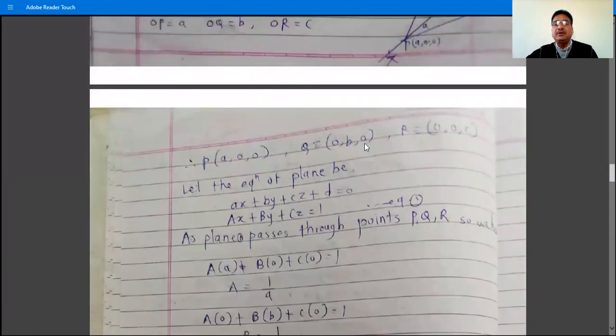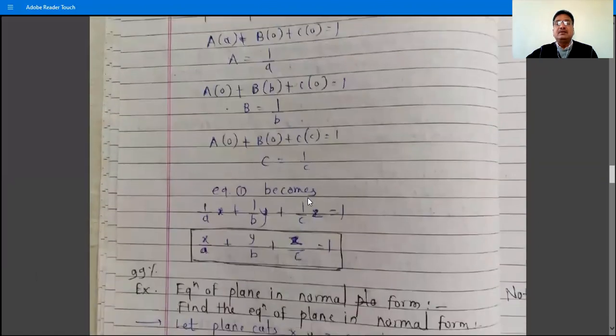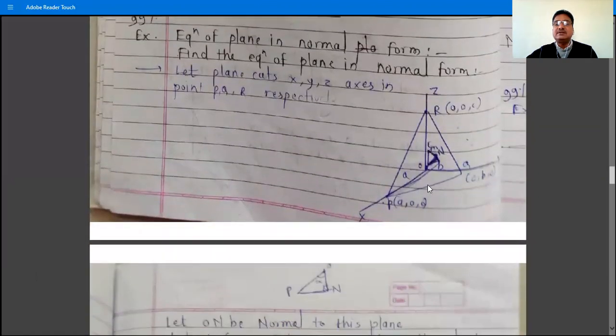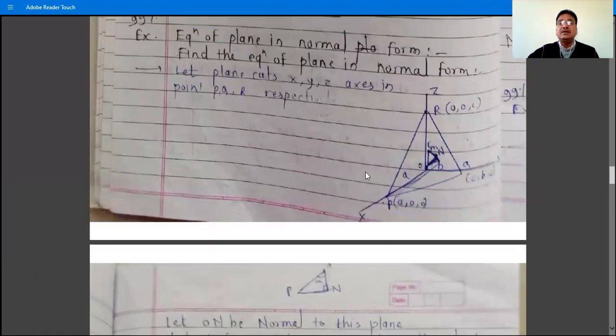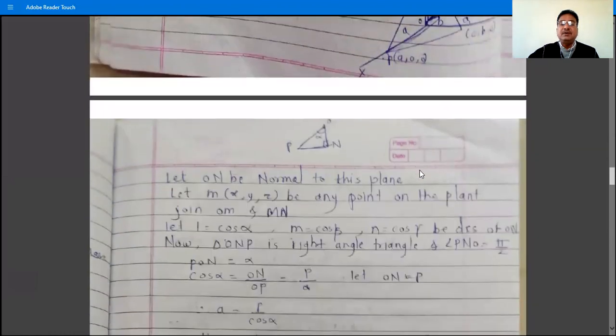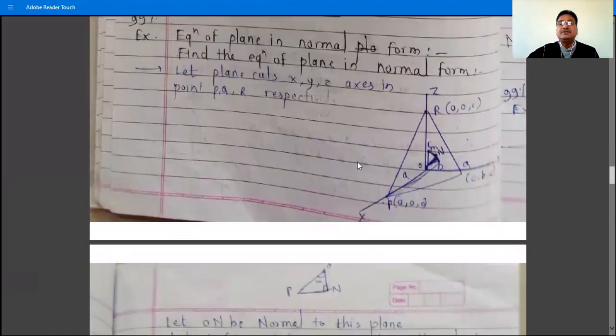Therefore the coordinates of the points P, Q, R are these, and let the equation of the plane be x by a, y by b, z by c, because the plane cuts the x-axis, y-axis, and z-axis in the points P, Q, R, and OP is a, OQ is b, and OR is c, that is, the plane makes intercepts small a, small b, and small c. Therefore its equation is x by a plus y by b plus z by c is equal to 1. So write this statement at this place.